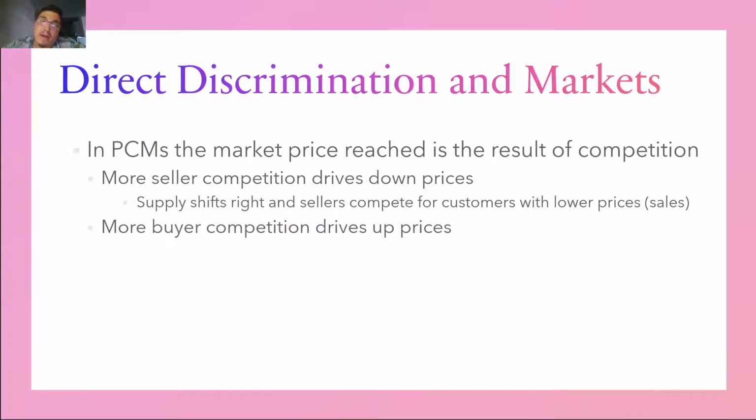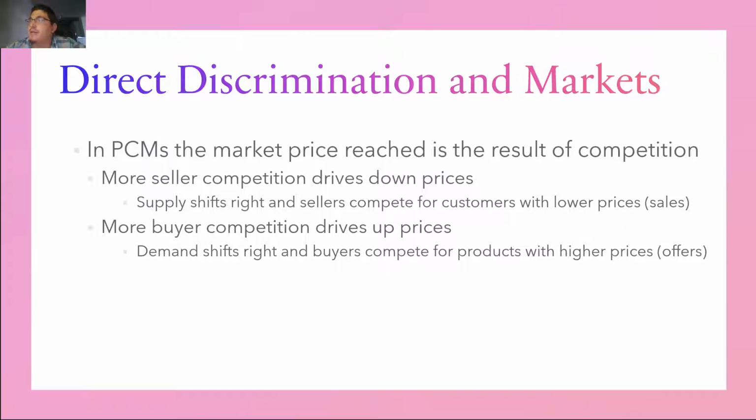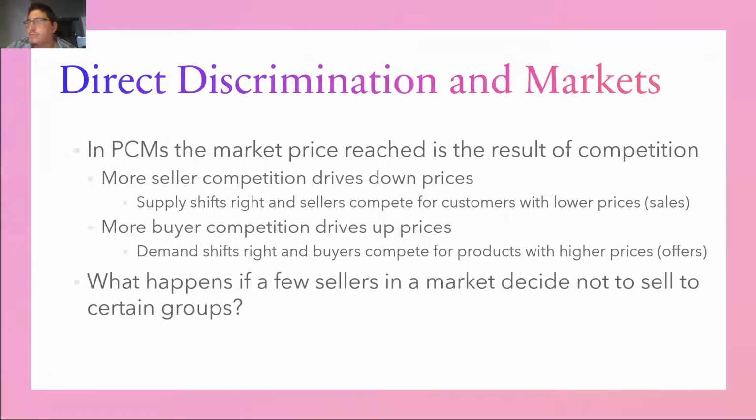If there's more buyer competition, it's going to drive up prices. This is going to be a shift in demand. Demand is going to shift to the right, which is going to increase the price. There's going to be more products offered, but at higher prices, because now buyers are competing with one another. They're going to bid up one another to get the houses available.